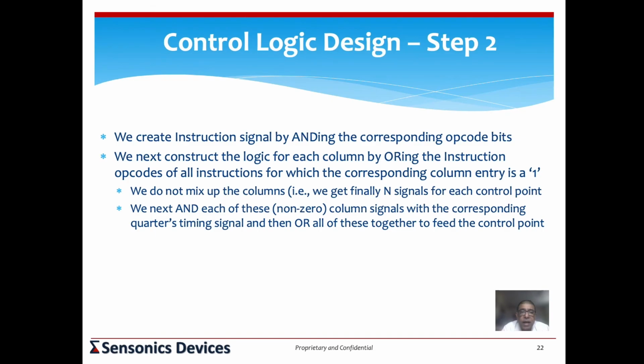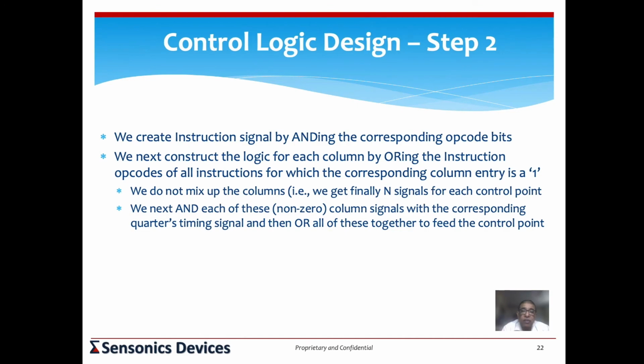There'll be as many AND gates of 7 inputs as there are unique instructions to be implemented. So at the output we have as many signals as there are instructions, and each of these signals will be high when that particular instruction is true and 0 otherwise.